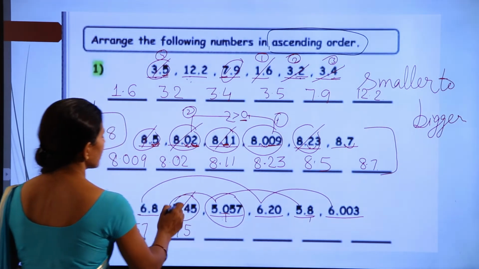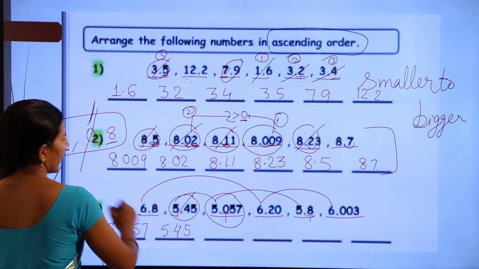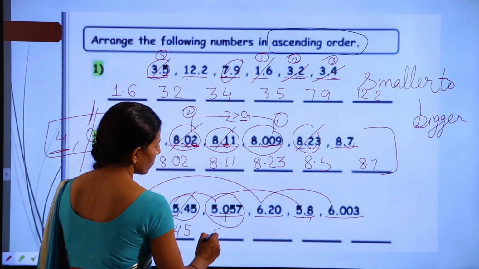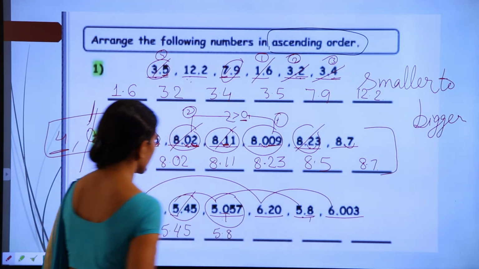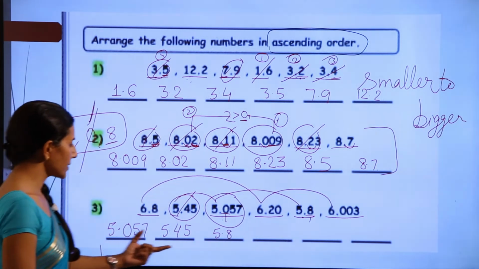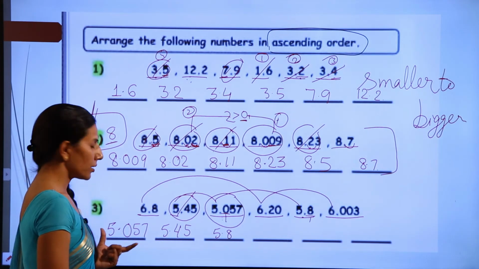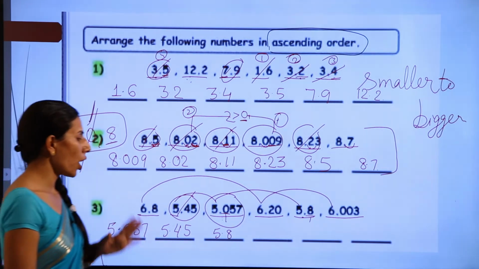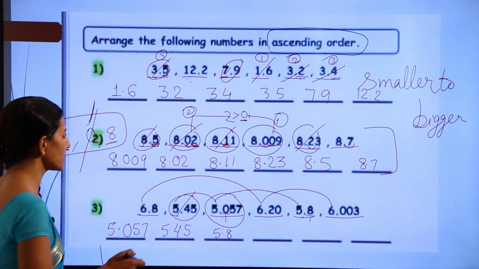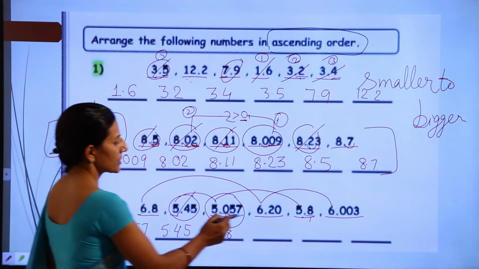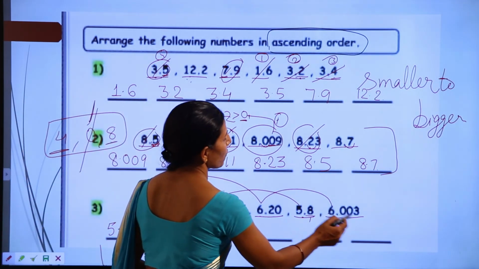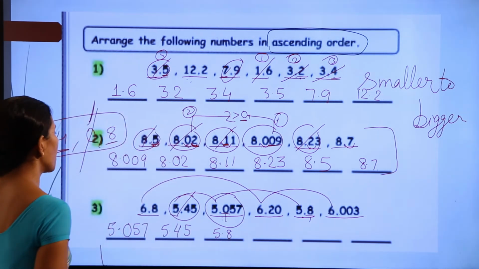And then the next and last is 8. So we will write 5.8. Right? So we have arranged the numbers which have 5 as the whole number. Now the remaining numbers are 6.8, 6.20 and 6.003. So what do we have to do now?